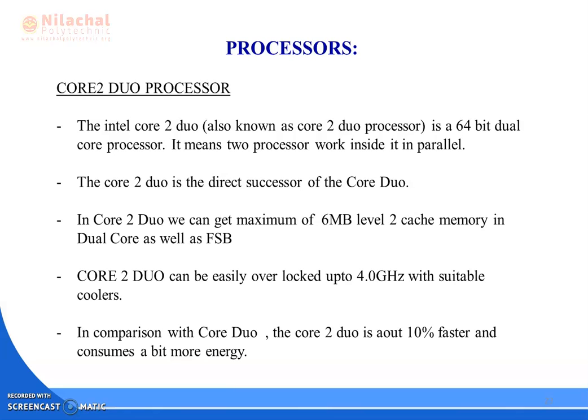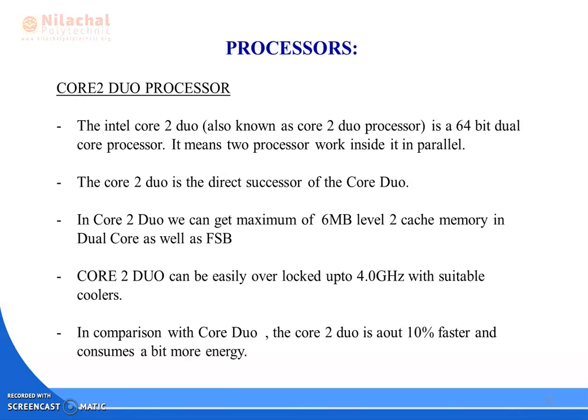The Core 2 Duo processor is easily overclocked up to 4.0 GHz with suitable coolers.